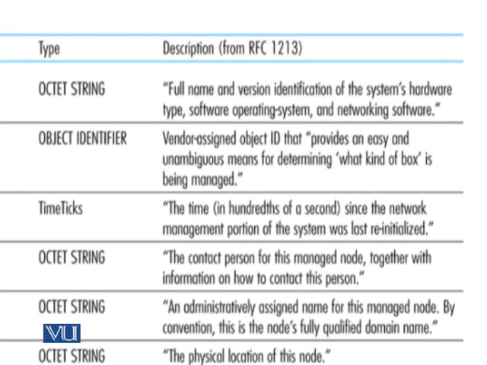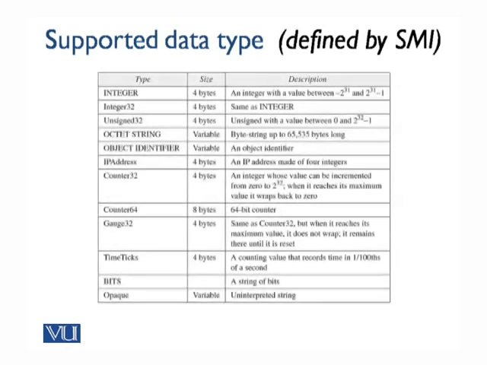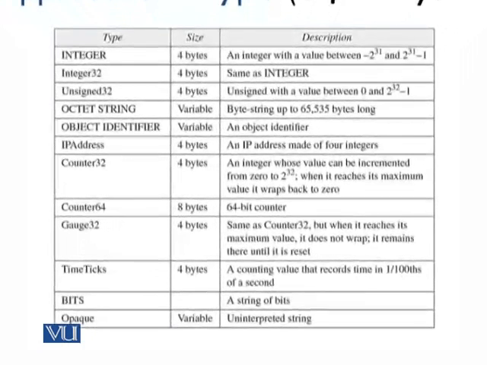Let us now have a look at all the data types that are supported in the SNMP framework. And this is, by the way, defined by SMI, the structure of management information, which is another component of the SNMP framework, which we will cover shortly. So you would see that there are various types. Some of the types are in all caps.